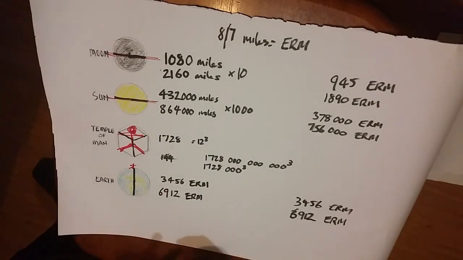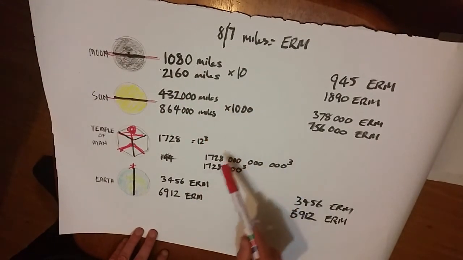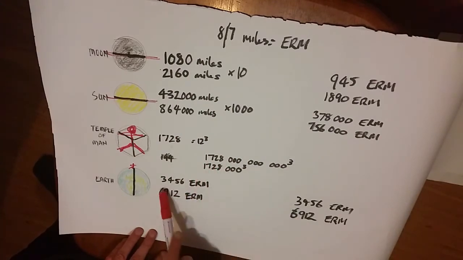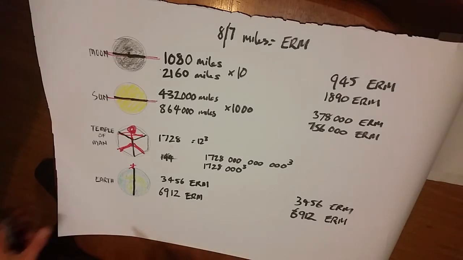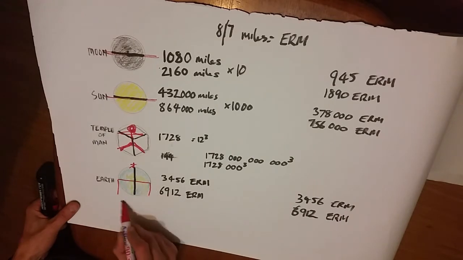And more interestingly, we also have to shift units. So miles, and then in the temple of man, the units get shifted, and then we come to Egyptian royal miles, so miles doesn't work. The equatorial diameter of the earth is 7,920 miles.